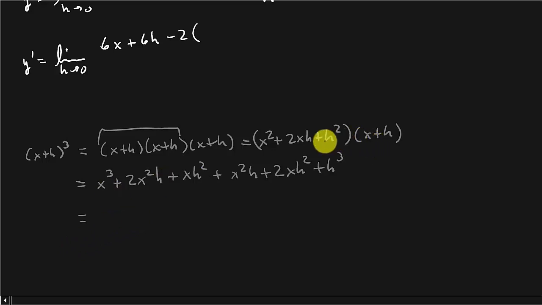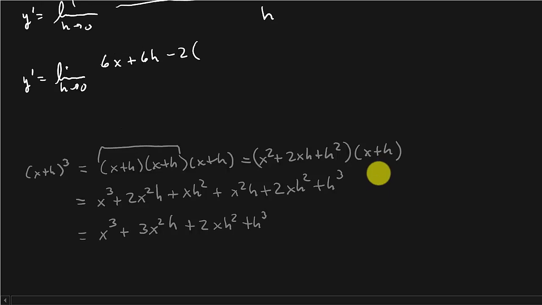Okay, so I've got x cubed plus 2x squared h plus x squared h, that's 3x squared h, and then I've got an xh squared and a 2xh squared, so plus 3xh squared plus h cubed.